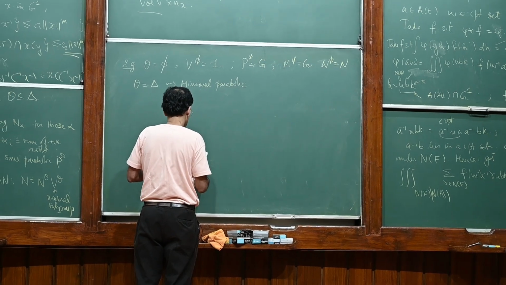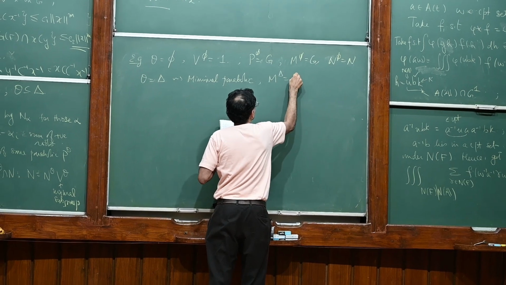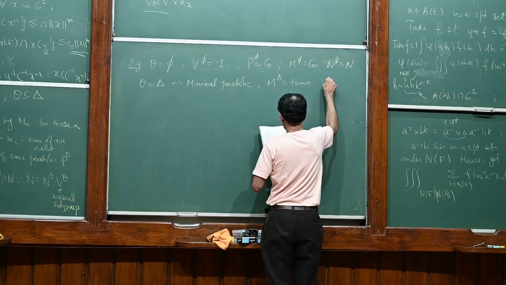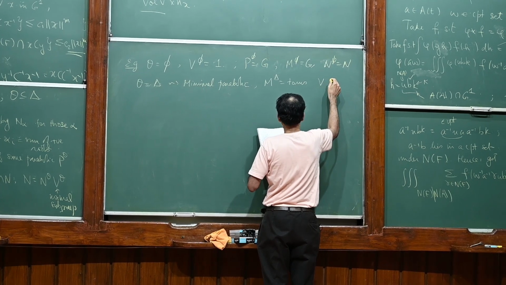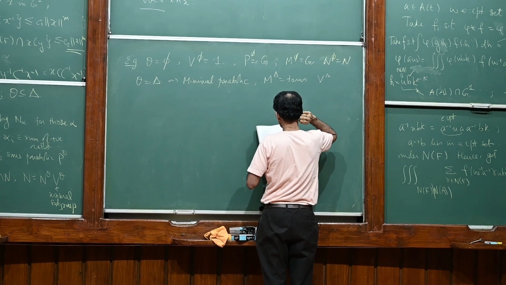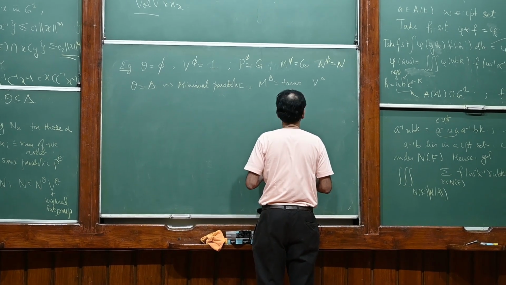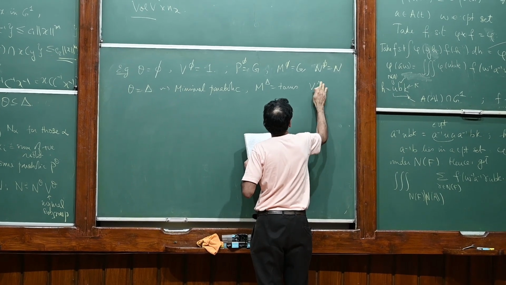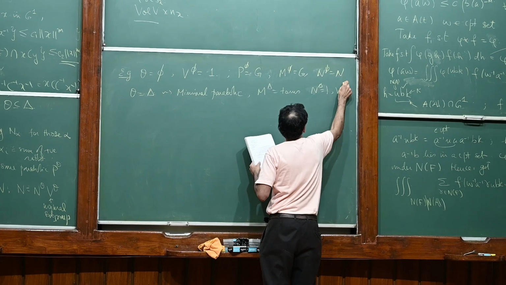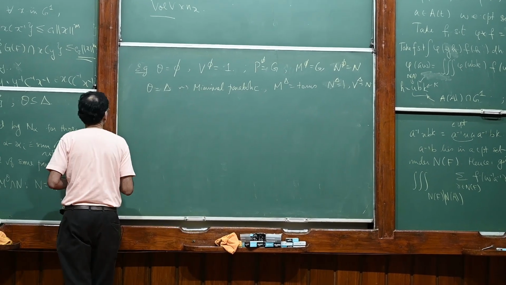In that case, M delta will be the torus, the usual diagonal subgroup, N delta will be 1, and therefore V delta will be N.